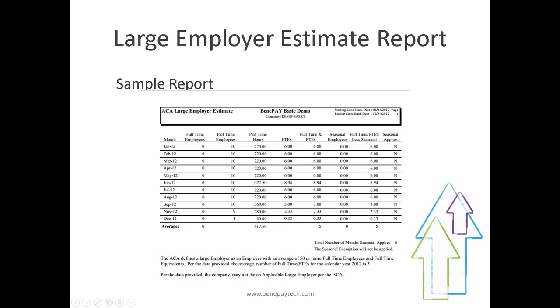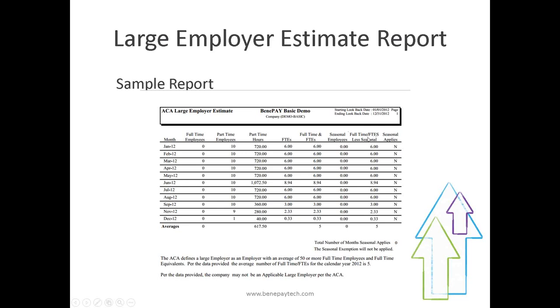Now, the next field over is going to be your total full-time employees plus your full-time equivalency to give you kind of total full-time employees for the company, including the full-time equivalent of the part-time. The next field will show any employees identified as seasonal. Again, those are employees that work full-time 120 or fewer days in a calendar year.